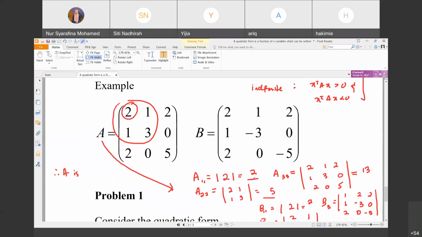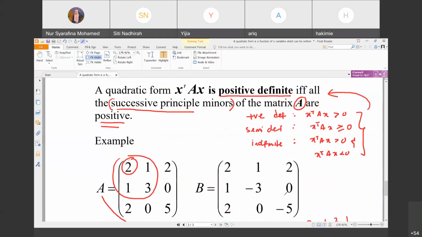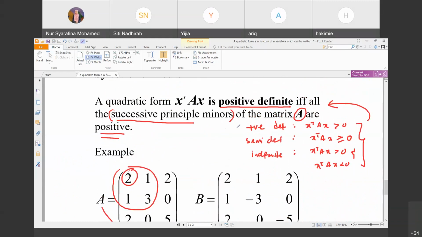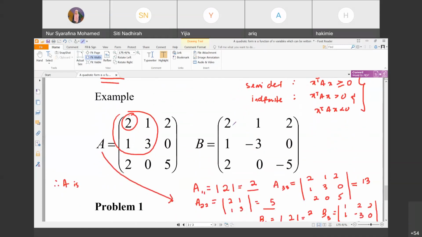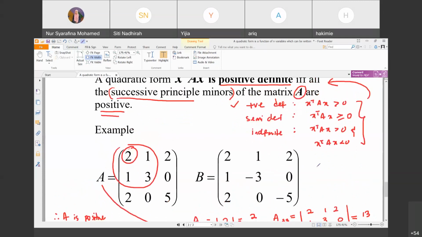And if all values are positive, then refer to the first characteristic here. Then we can say A is positive definite. Understand or not? Yes, Doctor. Right, try B.